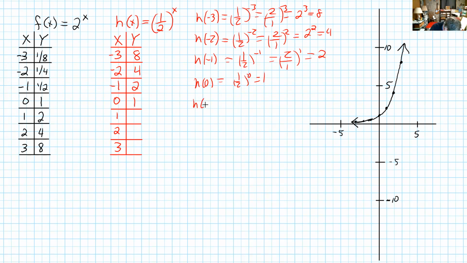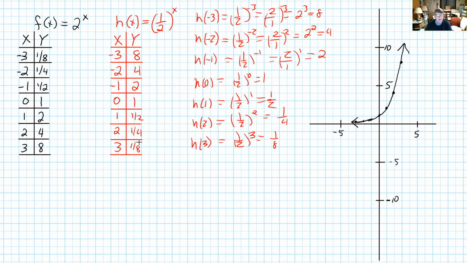When x is 1, h of 1 equals 1/2 to the 1 power, which is 1/2. When x is 2, h of 2 equals 1/2 to the 2 power, which is what? 1/4. And then when x is 3, h of 3 is 1/2 cubed, which is 1/8. Oh, look what's happening there.